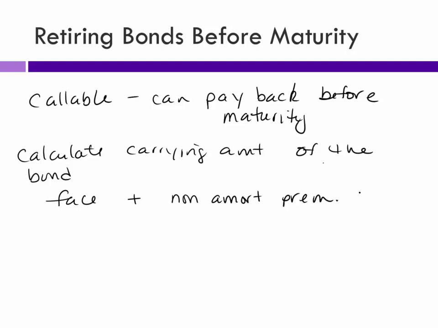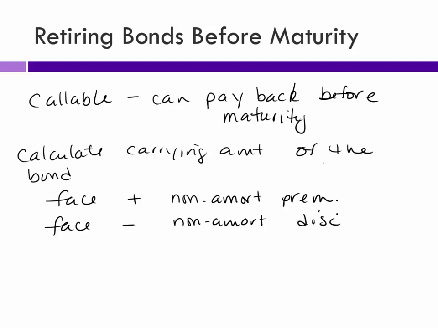At first, when you first issue the bond, that's the entire premium, right? But if you've made 3 years worth of payments, that's come down. Every time you made one of those payments, you brought that down a little bit. So it's basically whatever the balance is on the premium account, or the face value minus any non-amortized discount, whatever's left in the discount on bonds payable.